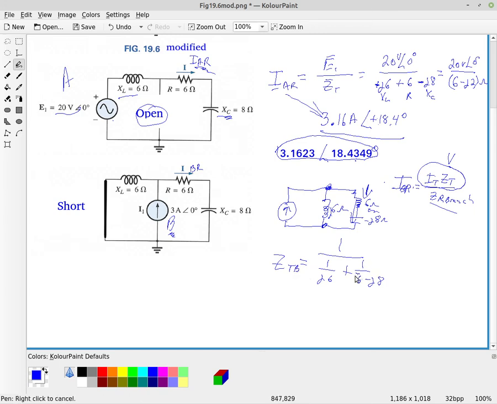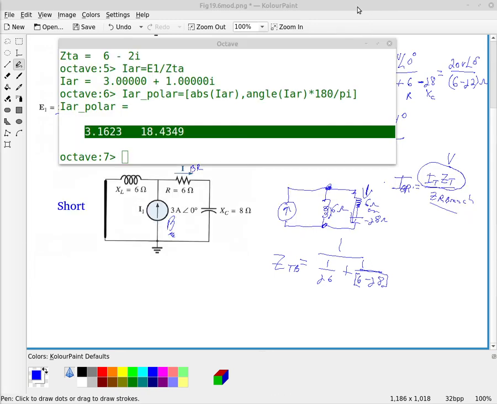When you do this, make sure you use parentheses in your calculator. So I'm just going to calculate that Z total here to start with.